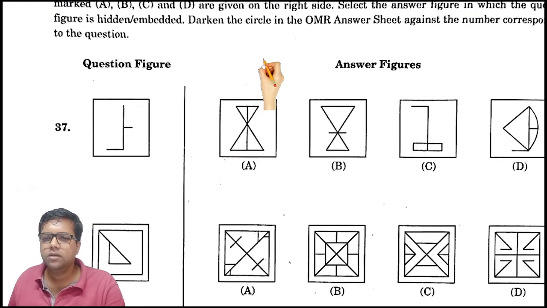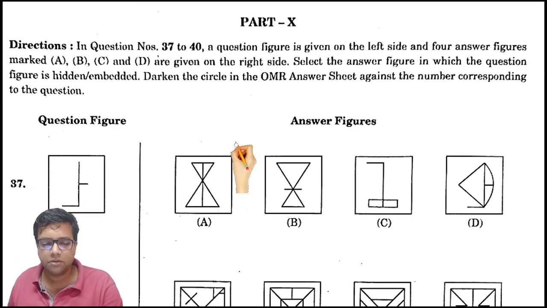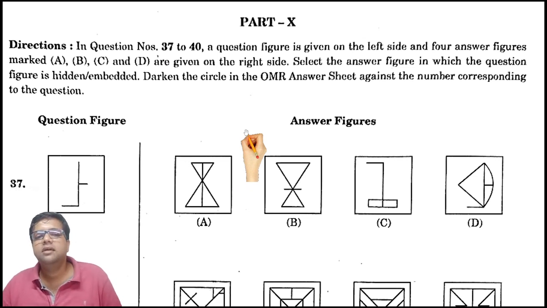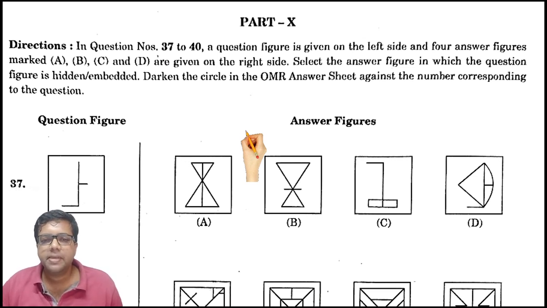Question number 37 falls in part 10. I think this is the last part of the mental ability section, and let us go through the directions. In question numbers 37 to 40, a question figure is given on the left side and four answer figures marked A, B, C and D are given on the right side. Select the answer figure in which the question figure is hidden or embedded.